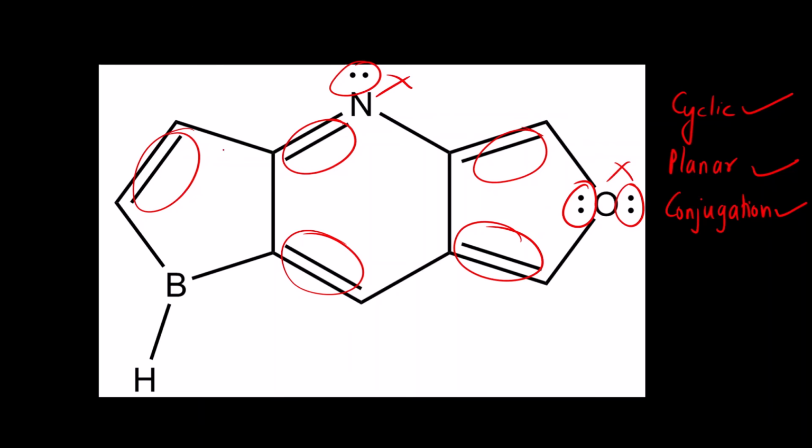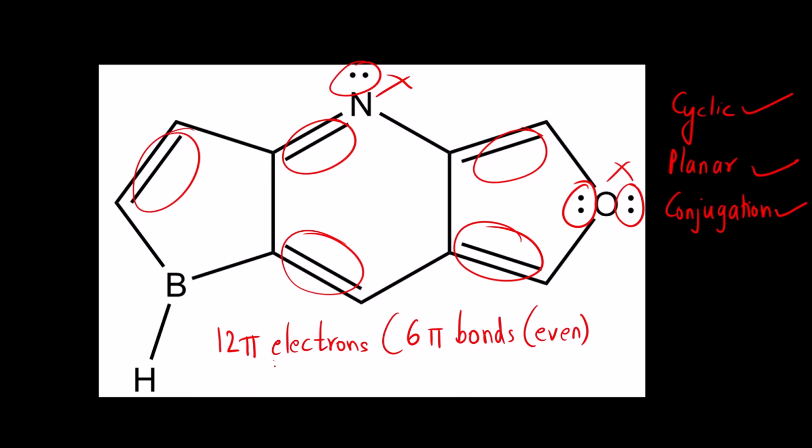So there are 12 pi electrons in total. Or by the shortcut, there are 6 pi bonds, that is, an even number of pi bonds. So this follows the 4n pi rule. If I put n equal to 3, I get 12 pi electrons. So this system is going to be anti-aromatic.